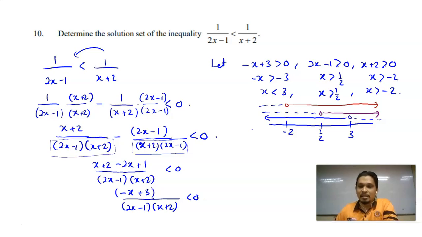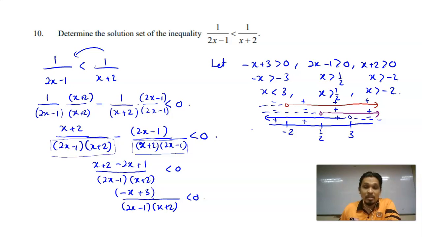Okay, so now we got positive, positive, and negative here. Positive, positive, and positive. Positive, negative, positive. Negative, negative, positive. So it's either multiplied or divided with a positive and negative.